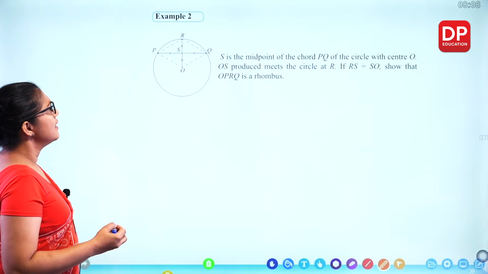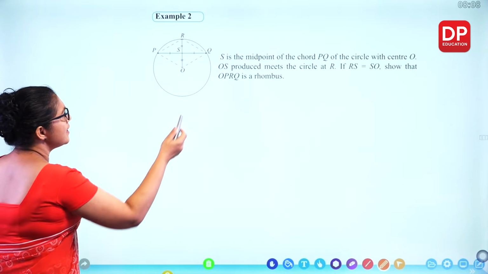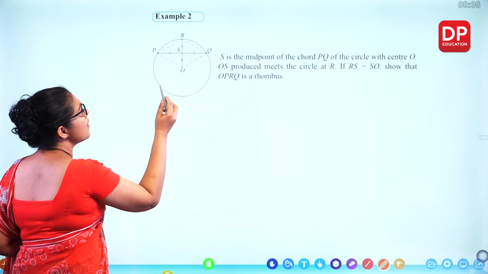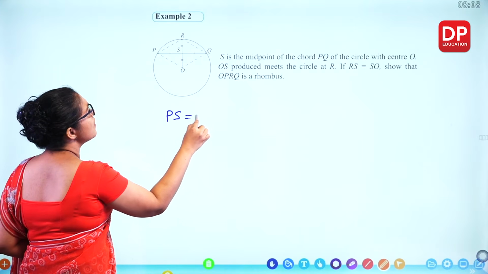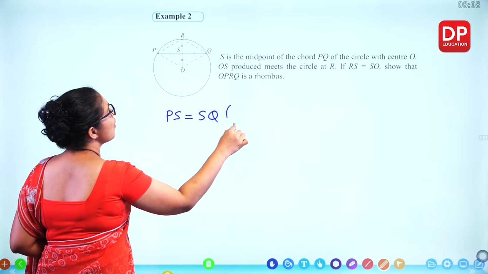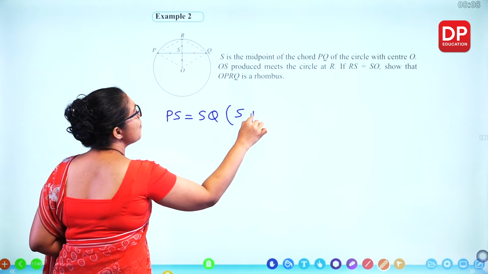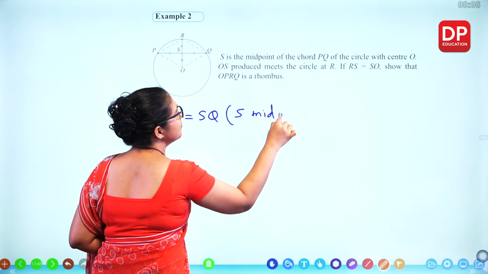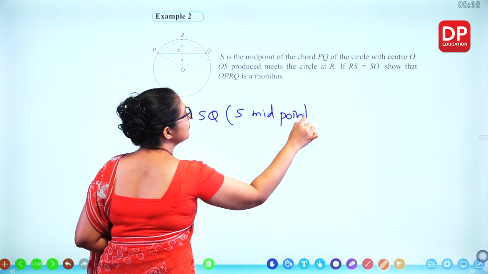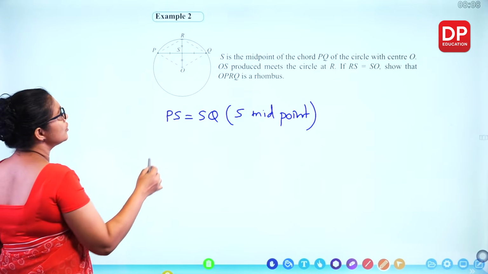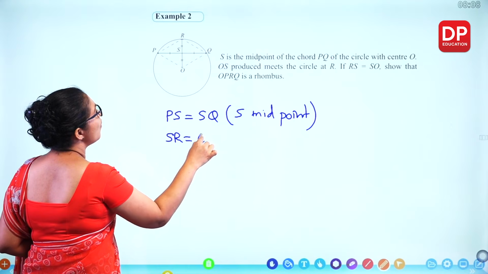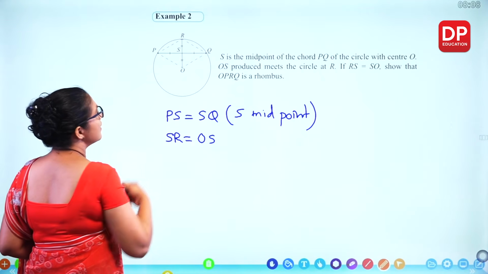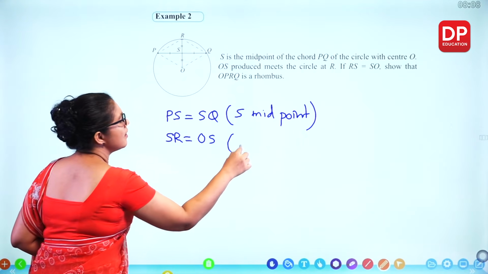So what's the rule we can apply? Now here it's already given. PS is equal to SQ because S is the midpoint. And also it's given SR equals OS. Already given.